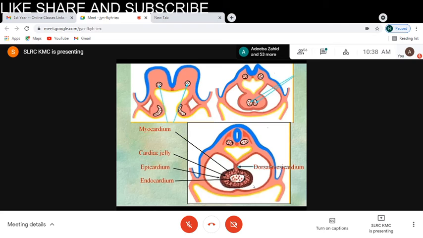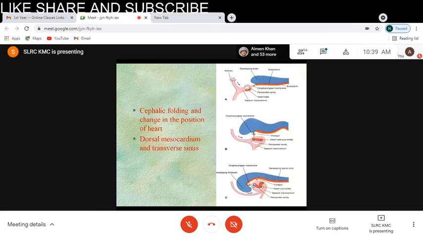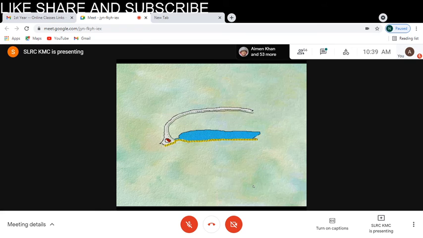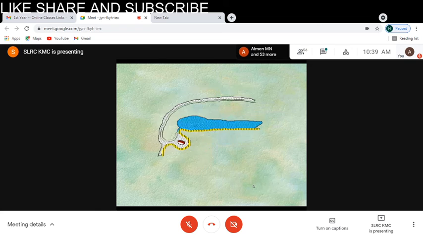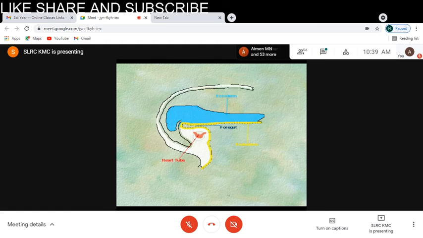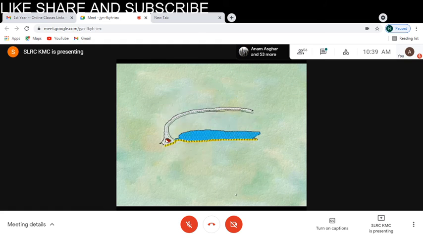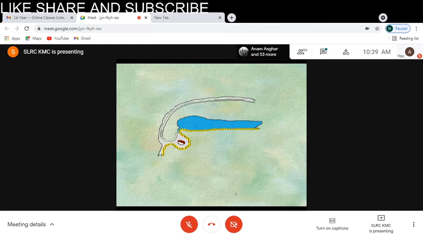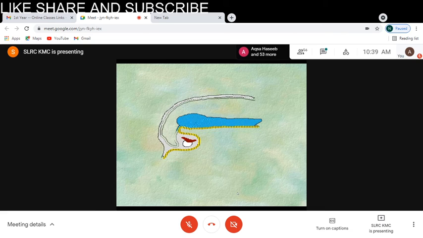This is again the same figure magnified, showing lateral folding of the embryonic disc leading to the fusion of the two endocardial heart tubes. This is an animation showing the cephalic folding and its effect on the relative position of the different structures.